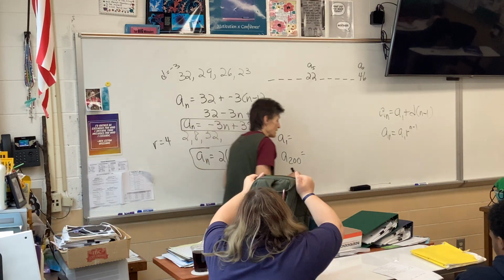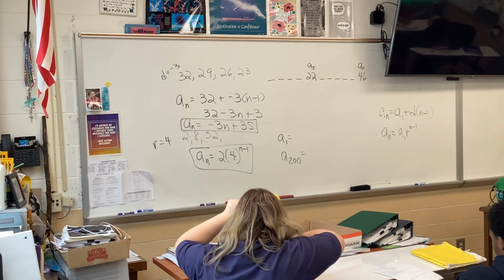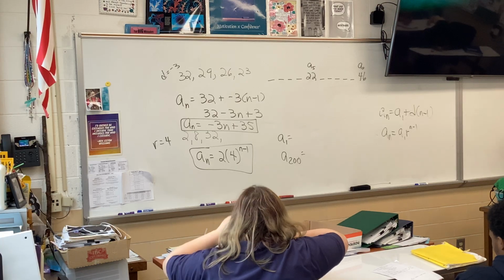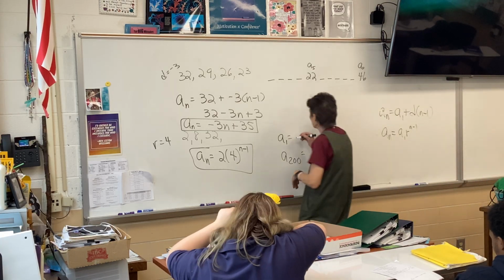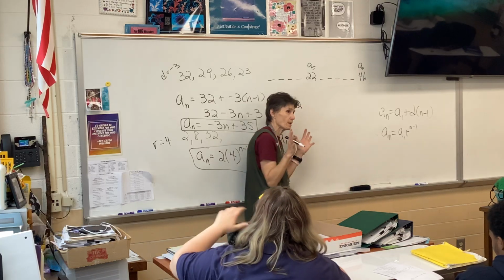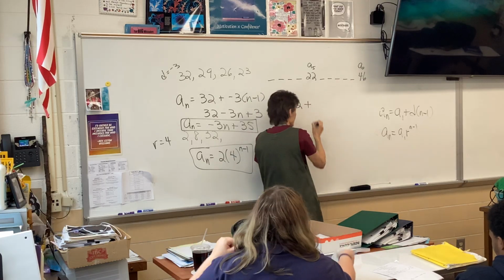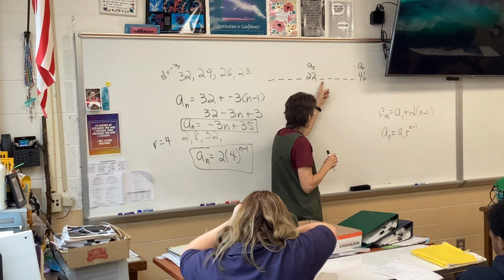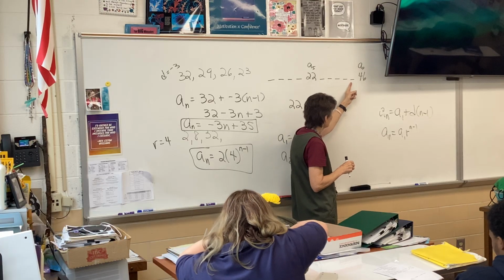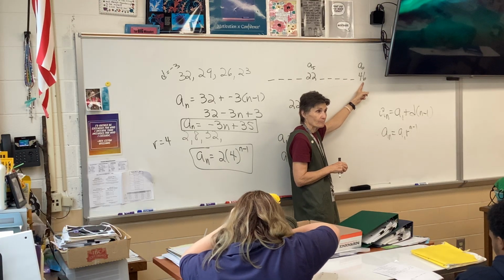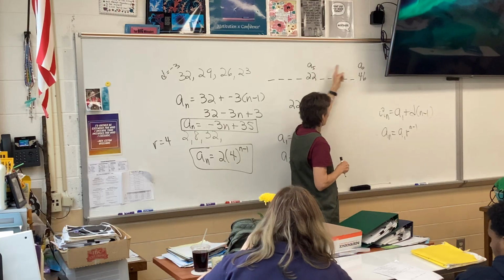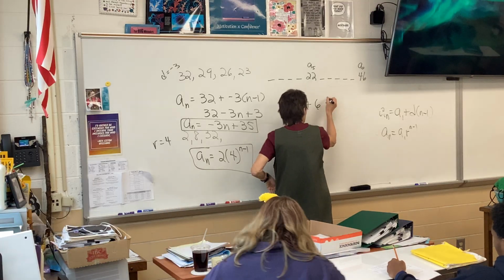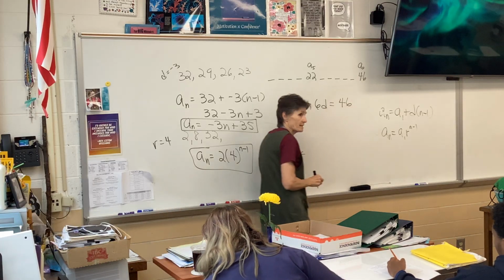If it's arithmetic, I am getting from term to term by adding something over and over again. So if I start at my 22 and start adding, 1, 2, 3, 4, 5, 6 times. We're going from 5 to 11, that's 6. I'm going to add 6 D's, and that's going to put me at 46.